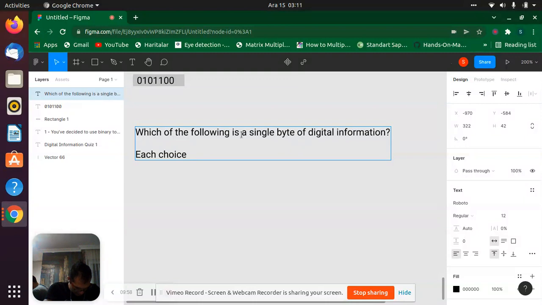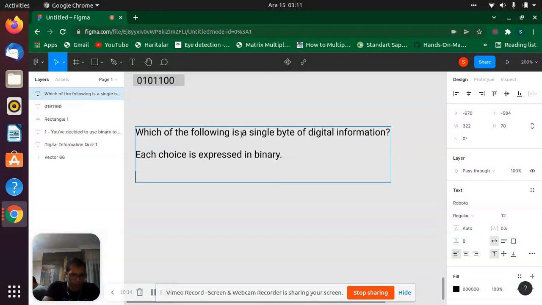Each choice is expressed in binary. It is amazing, we know about binary. Now choose one answer.